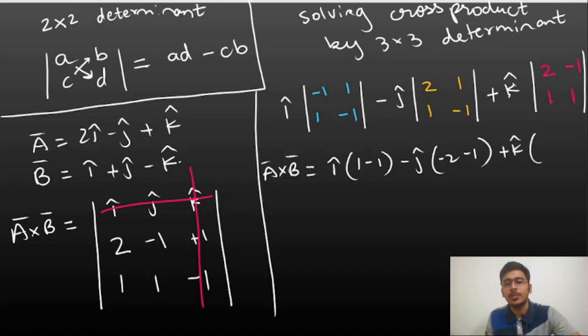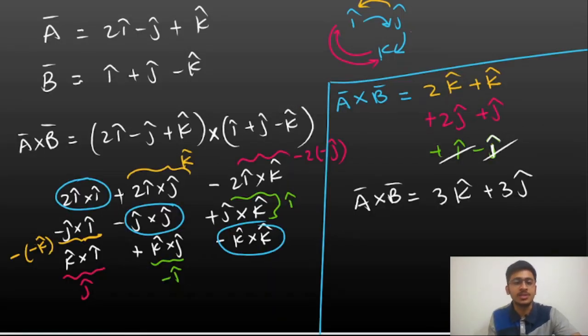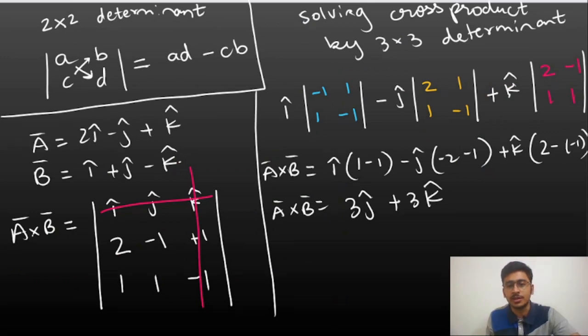Then plus k cap times (2 times 1 minus 1 times minus 1), which is 2 minus 1. So 0 i cap is 0, forget i cap. Then minus 3 times minus becomes plus, so I'll write down 3j cap plus 3k cap. We got our answer, 3j cap plus 3k cap, one and the same thing.